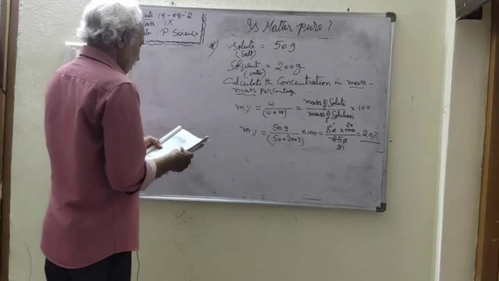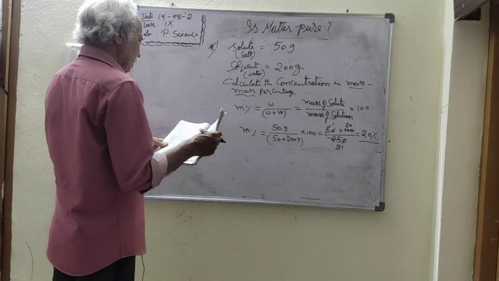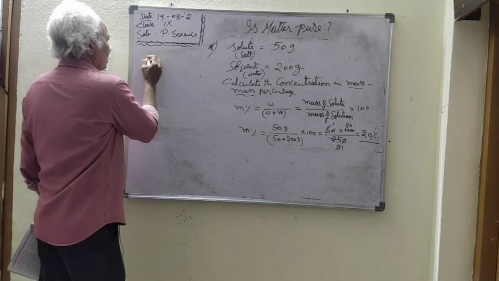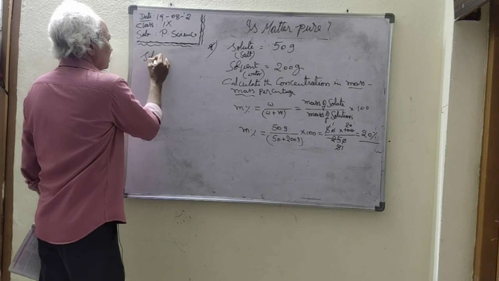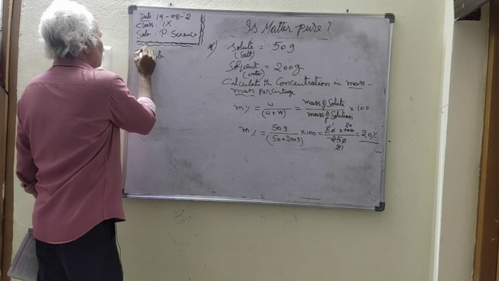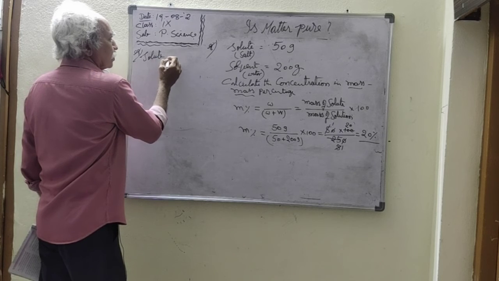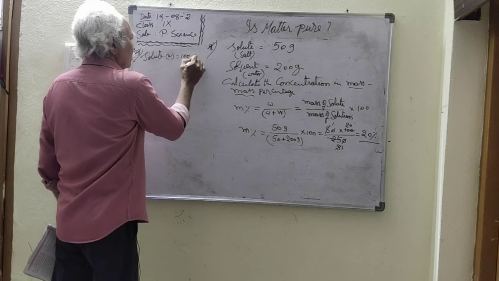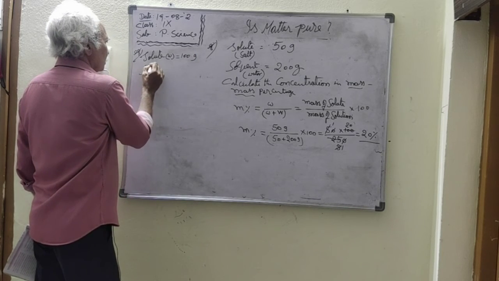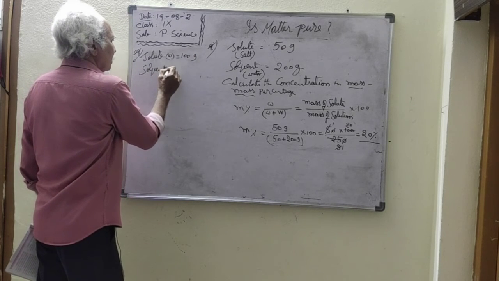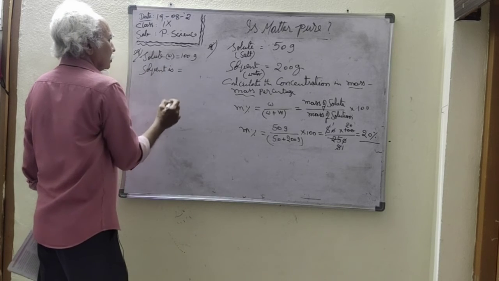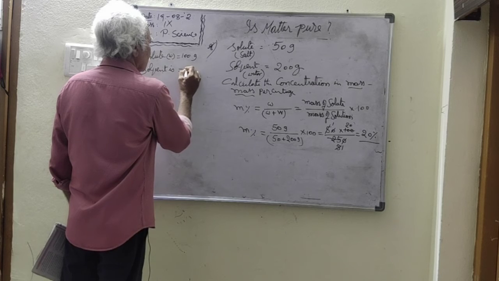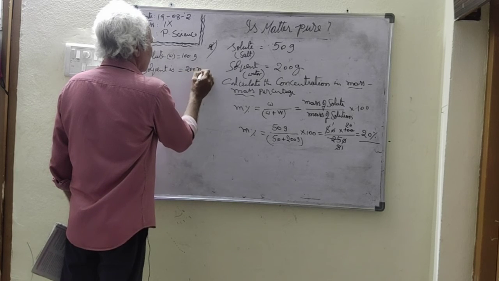Next one is the mass volume percentage. Let us see another one. Example 2. Solute is 100 gram. Solvent is 200 ml.